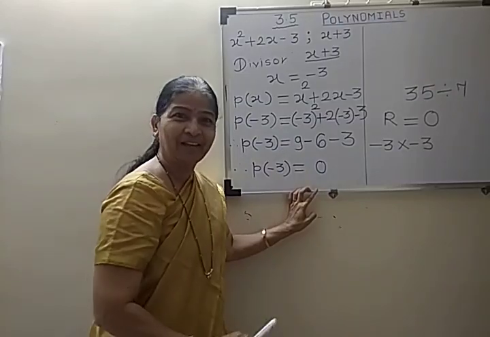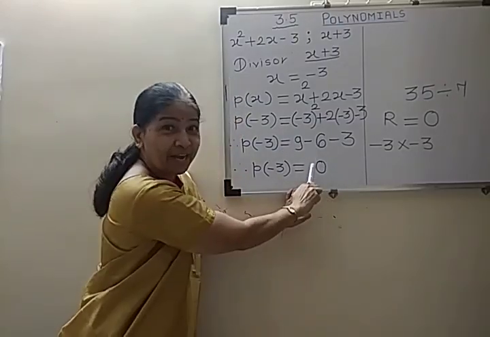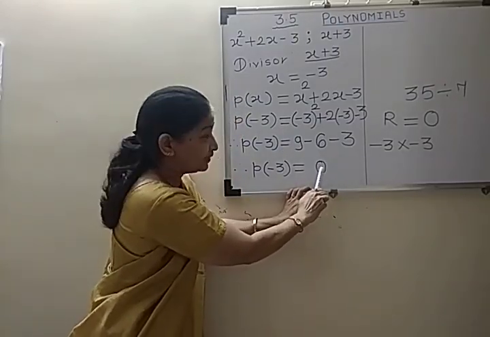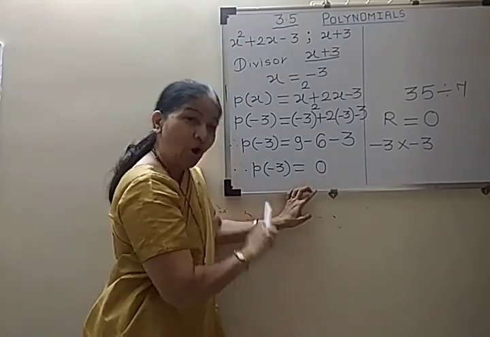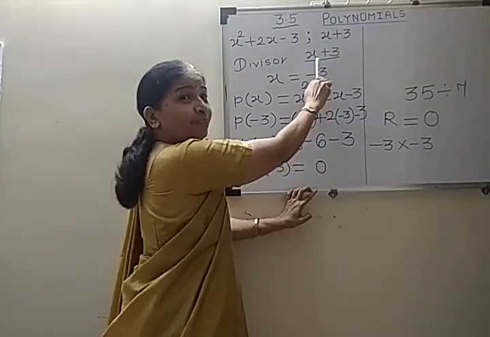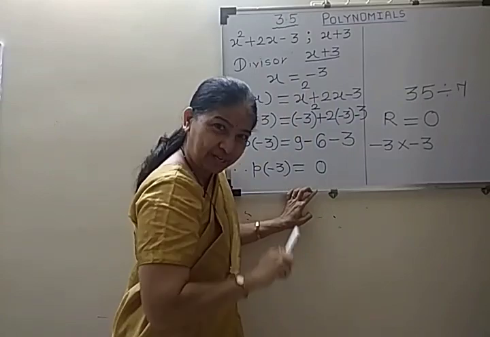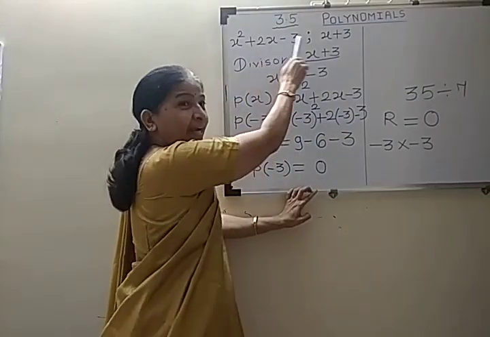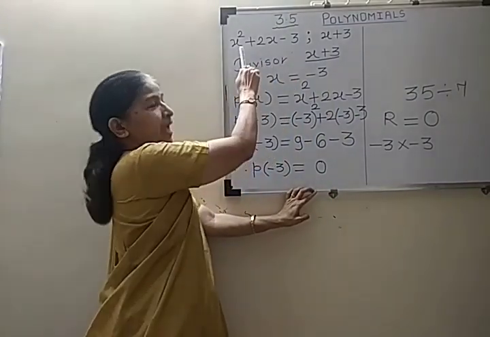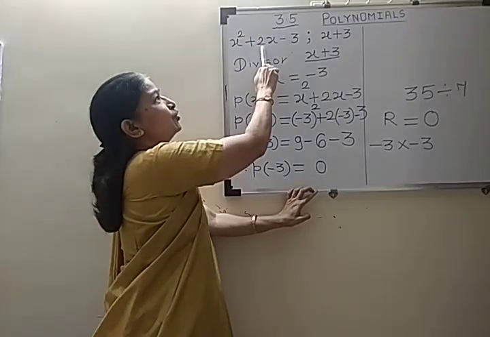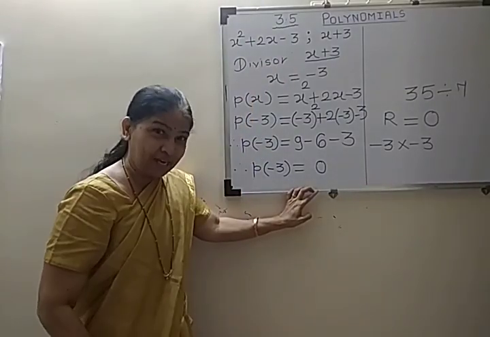Same case here, the remainder is coming as 0. So I can say that x plus 3 is a factor of x square plus 2x minus 3.